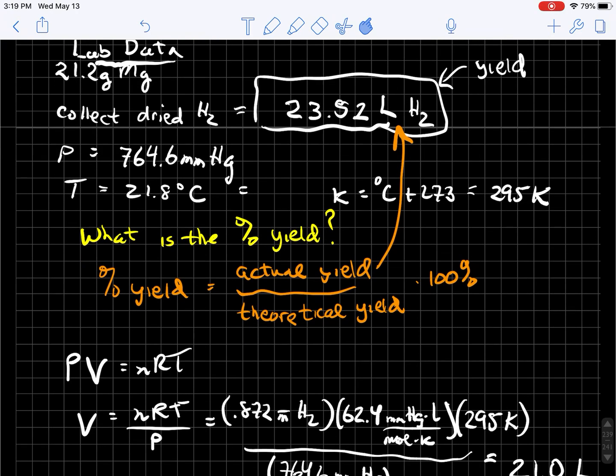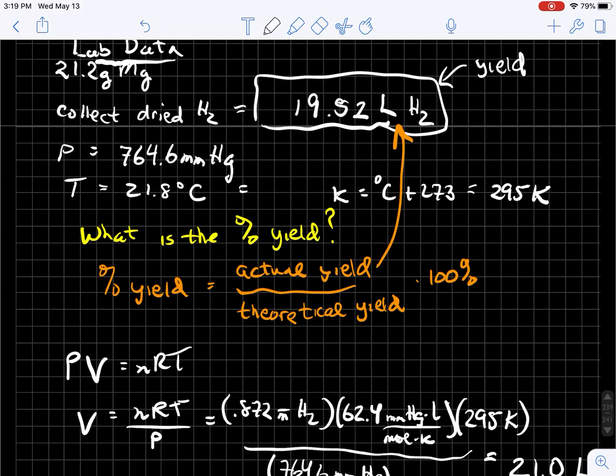But we collected 23.52. Okay, let's change that because I designed the question wrong. Let's say that what we collected was actually less than 21 liters. Let's say poorly designed question. I went in the wrong direction with my value when I designed the question. 19.52 liters. Let's say that's what we produced.